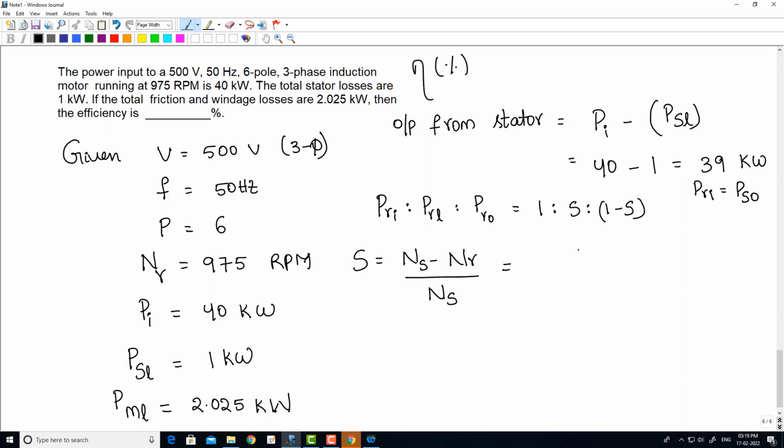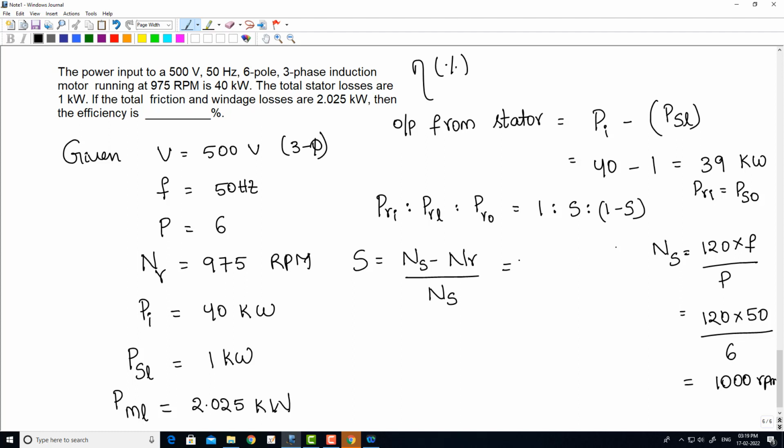The formula for Ns is equal to 120 into F by P, that is 120 into 50 divided by number of poles 6. So that is 1000 RPM.